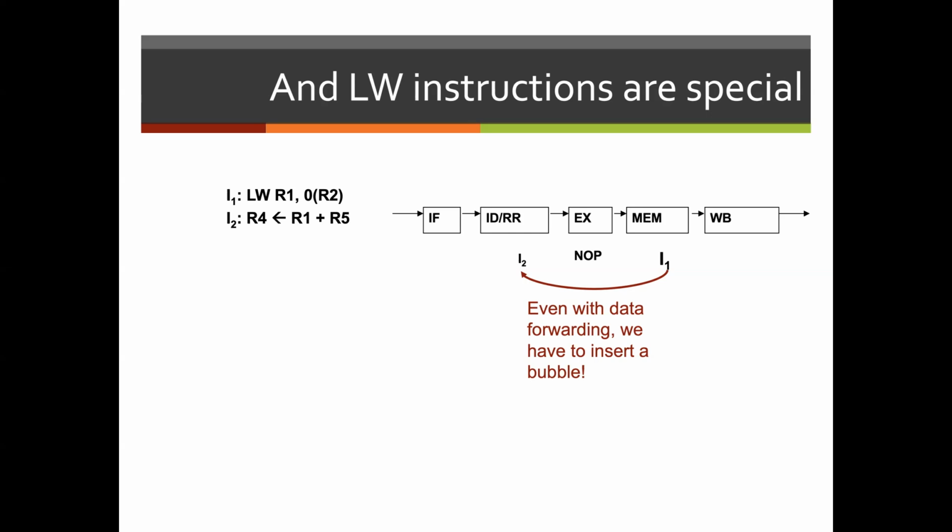But we won't have a value for R1 until the end of the memory cycle. So we'll have to introduce a delay of 1 cycle that leads to 1 bubble. And so this is because we won't get the data until I1 gets to memory.